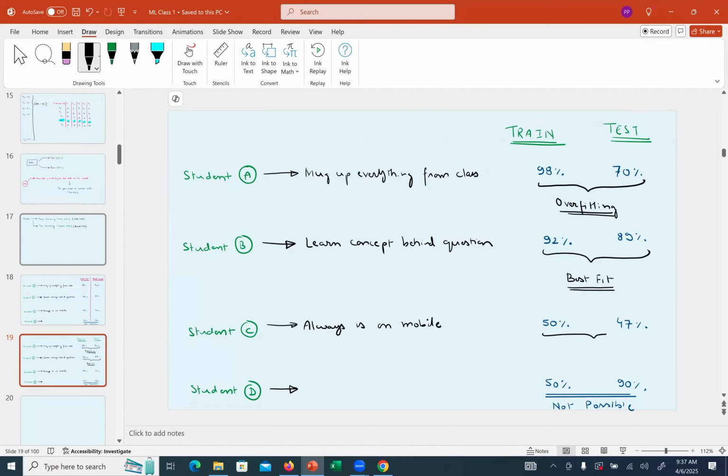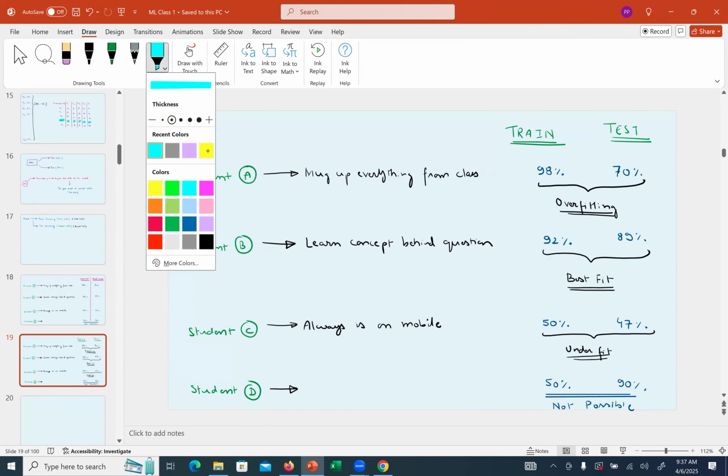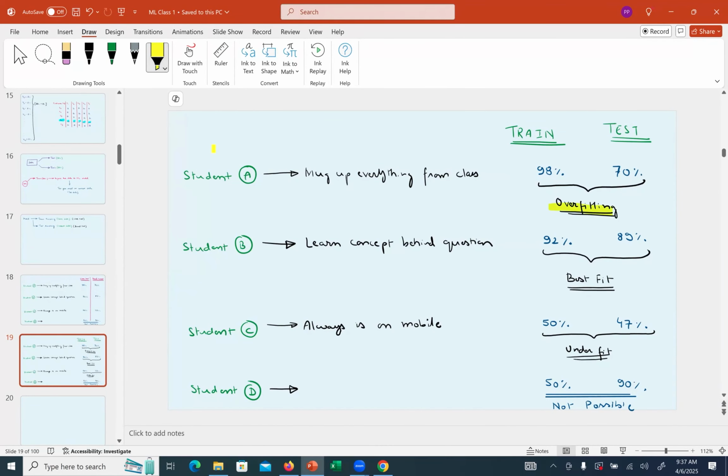And for this one, we call it an underfit model. We have no name for the last one because we assume it will never happen, and if it does, it will just be happening by chance.